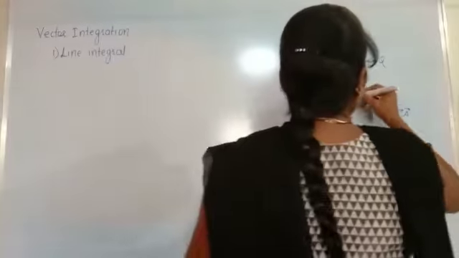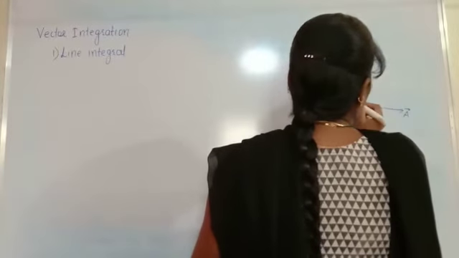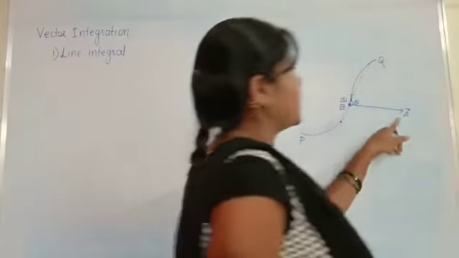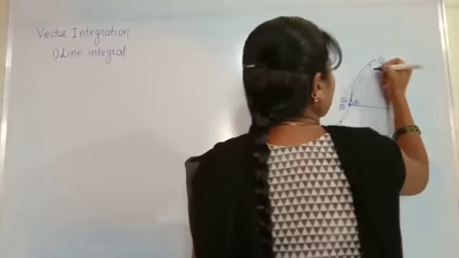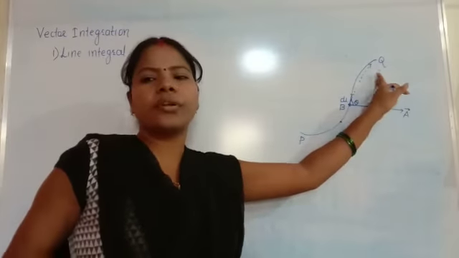This is the normal. By using this normal, this theta is the angle made by the vector A and the normal drawn from the point B.